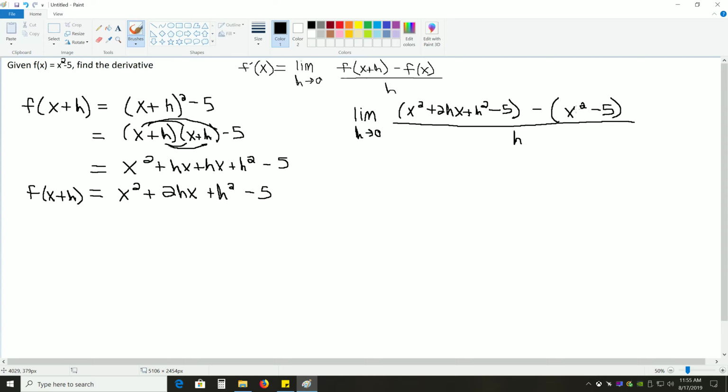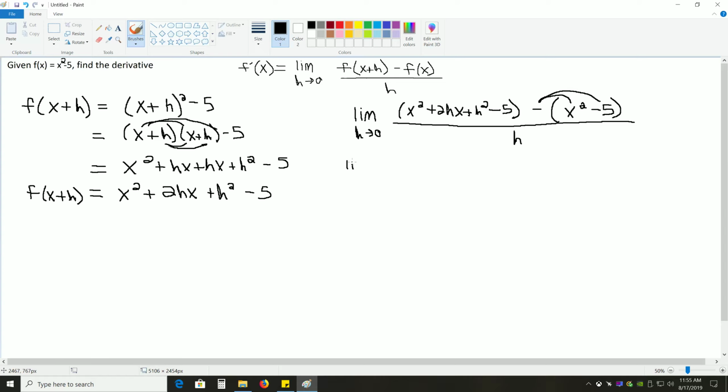You always want to make sure to put these terms in parentheses, the f of x plus h and the f of x, because in this case, and in all cases really, because we're subtracting f of x, we're going to have to remember to distribute that negative that's on the outside of the parentheses. So we're going to go ahead and do that.